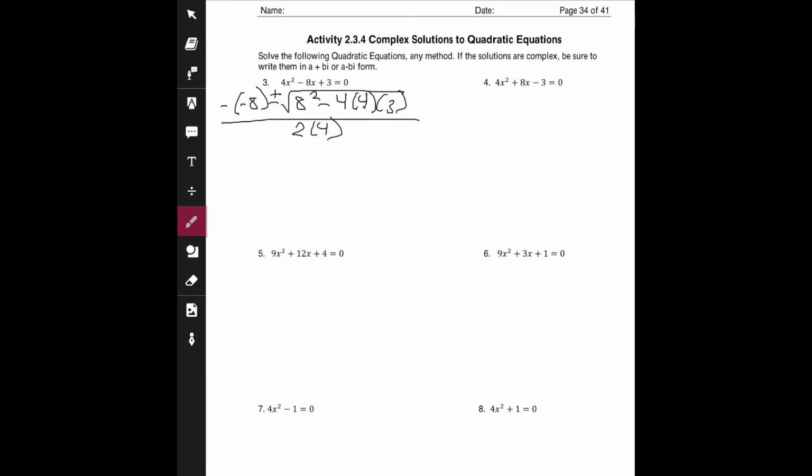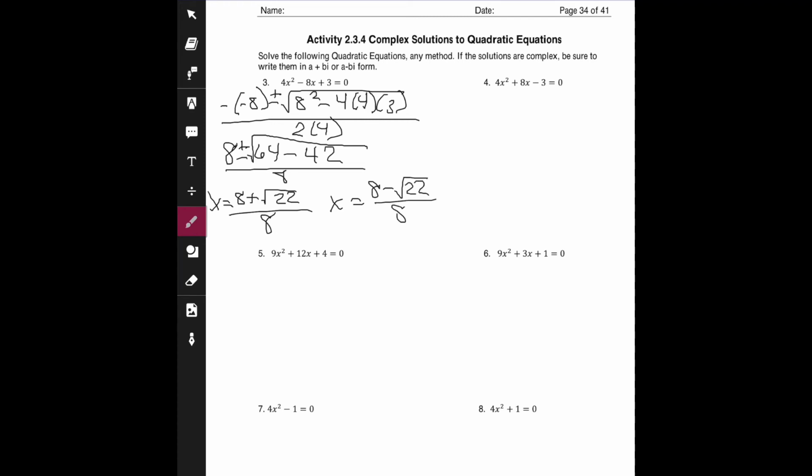I'm going to simplify that. Positive 8 plus or minus the square root of 64 minus 4 times 4 is 16 times 3 is 48, all over 8. So I'm going to get x equals 8 plus the square root of 22 over 8, and x equals 8 minus the square root of 22 over 8.